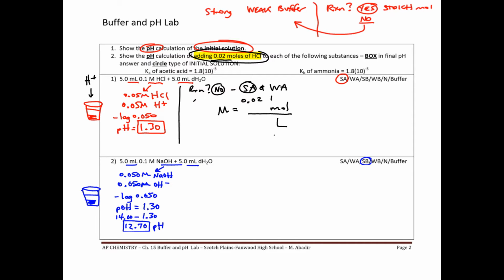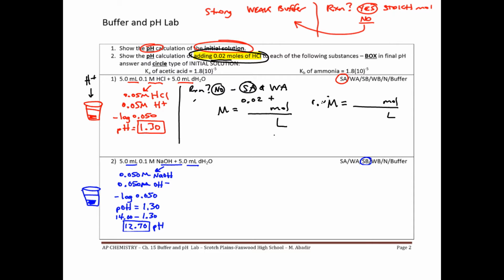What are the moles? The moles are 0.02 plus the moles of the other one, which was, if you do molarity equals moles over liters from the original. The original was 0.05 once we diluted it, remember? I'm sorry, let's just go ahead and take the original anyway. We don't have to worry about that.